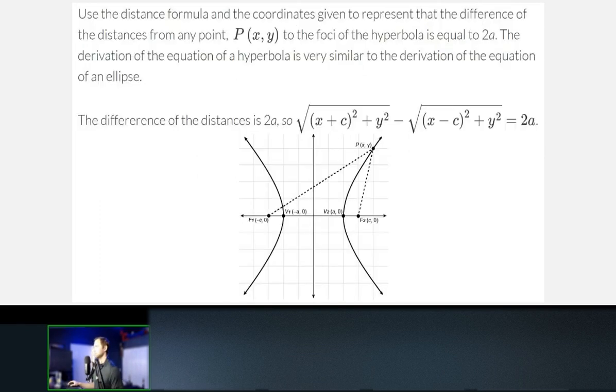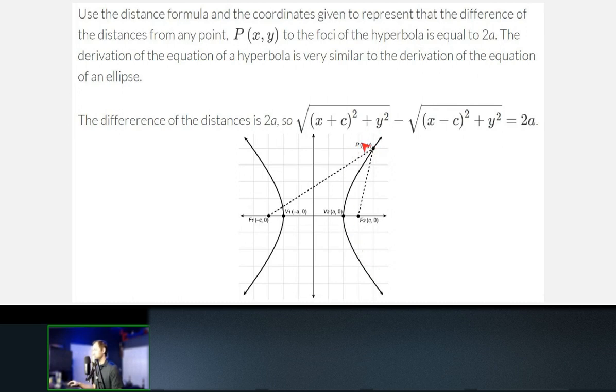Oh yeah, and then the last one. So I have this page because on your TGA, on one of the problems, you're going to have to use this formula to help solve the problem. That's a word problem, and I will talk about it again once we do the review. But this formula, all this is saying here is that given any point on your hyperbola, it doesn't matter which point you choose.